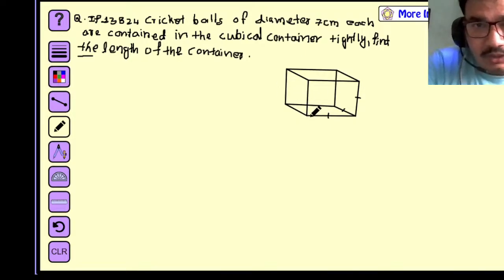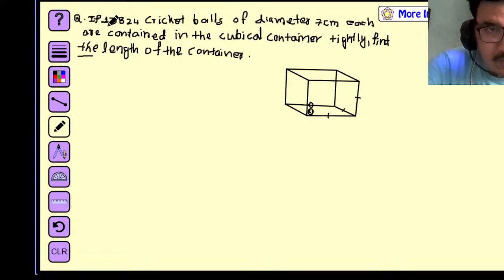And in this cubical container, cricket balls are kept here like this, okay? So many cricket balls are kept in this cubical box.